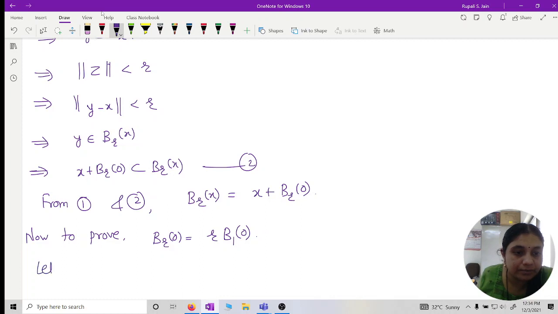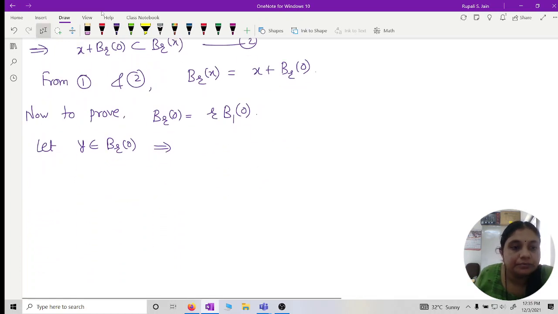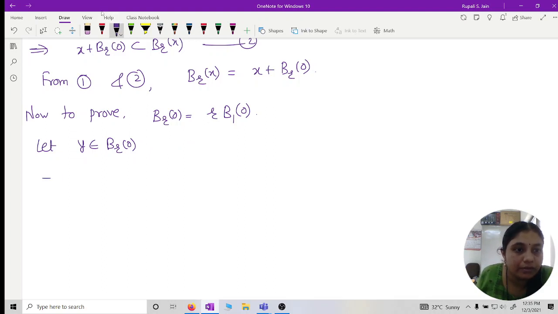So let y belong to B_R(0). First we will show B_R(0) is contained in R times B_1(0), and then R times B_1(0) is contained in B_R(0). Okay, so y belongs to B_R(0). What does this mean?